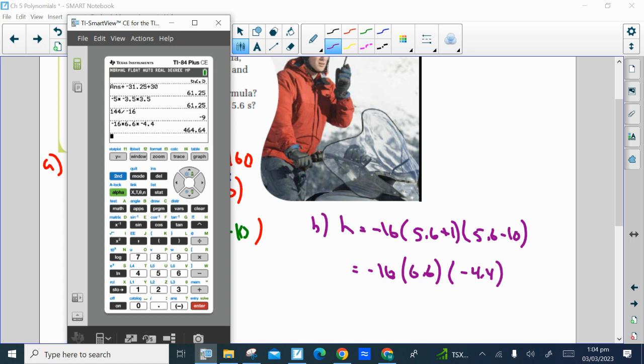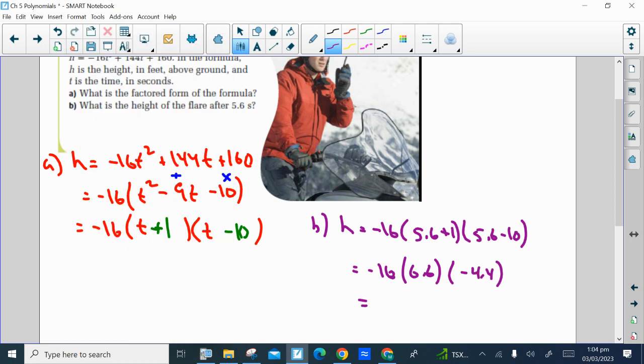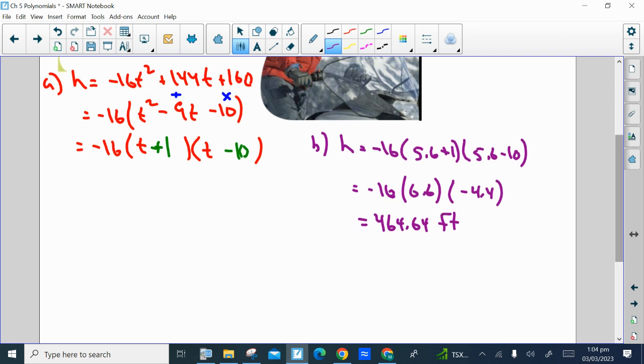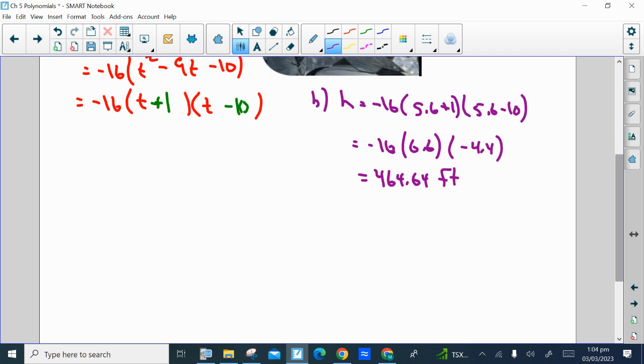That's the height of the flare after 5.6 seconds: 464.64 feet. We're told that h is the height in feet above the ground. So again, using a factored form of the equation is usually easier to work with. Usually. Okay?